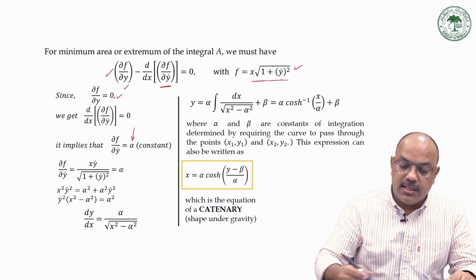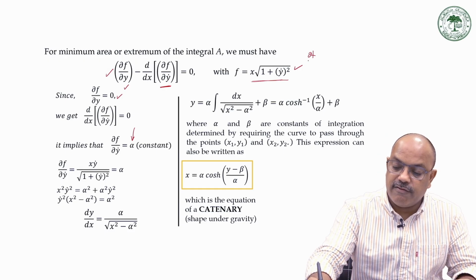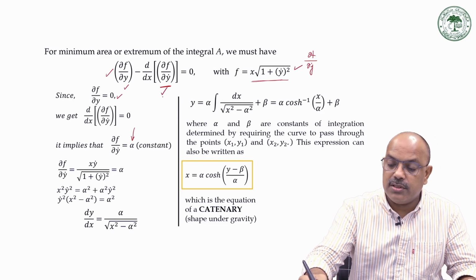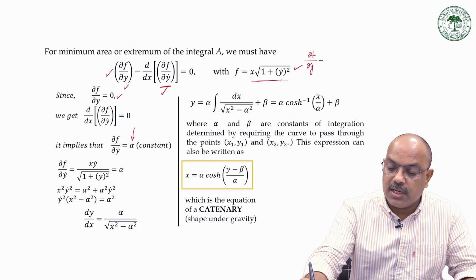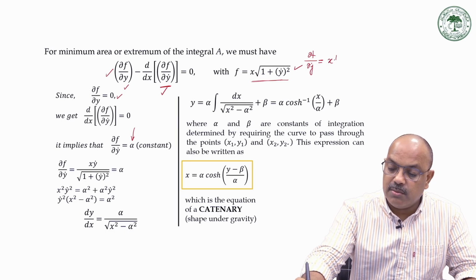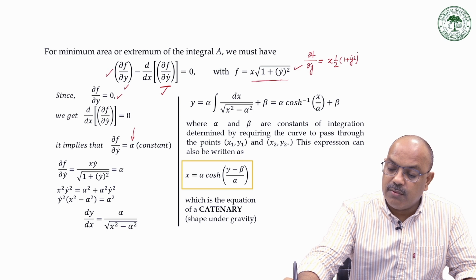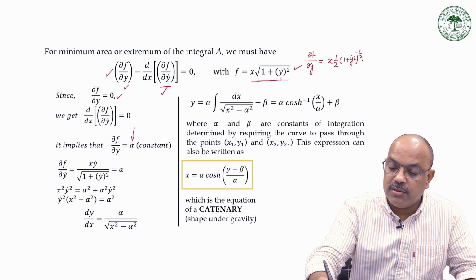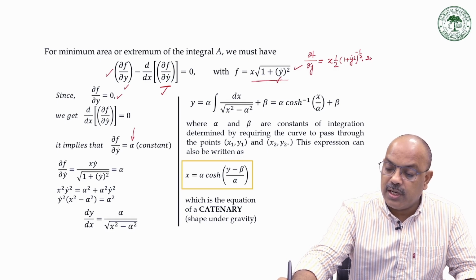Now let's find this df by dy dot, which is going to be constant. We have x here, and then half times 1 plus y dot square to the power of minus half, and then differentiating gives twice y dot.